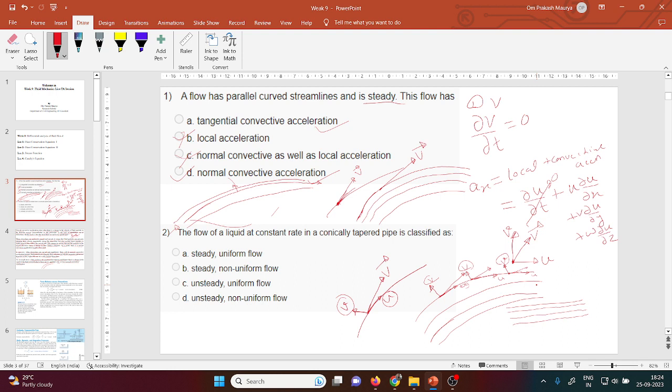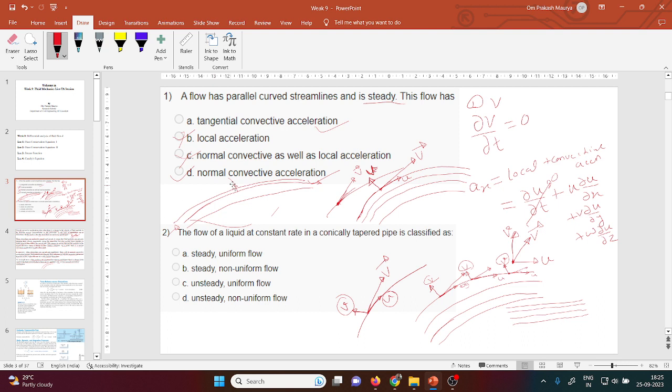If you draw the streamwise direction velocity here, this one is the u velocity and that is the v velocity. So we are actually resolving the components along that streamline. Yes, that is the reason only the normal convective acceleration is here.